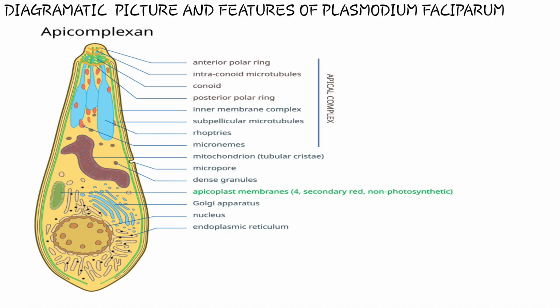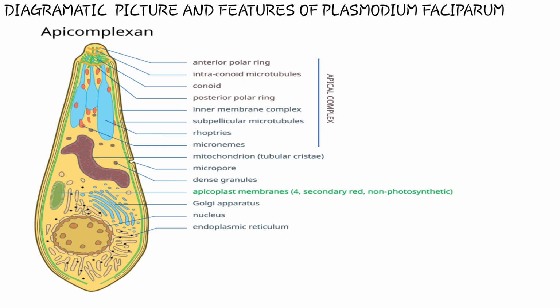It also has mitochondria, micropore, dense granules, nucleus, endoplasmic reticulum, Golgi apparatus, and so forth. So in general, apicomplexans consist of these organelles.